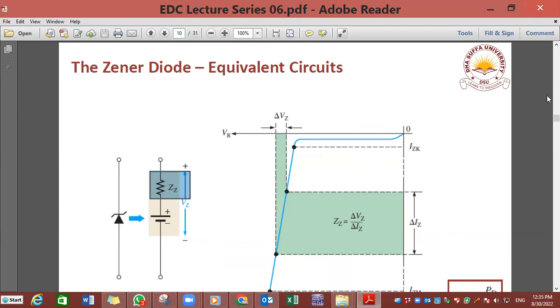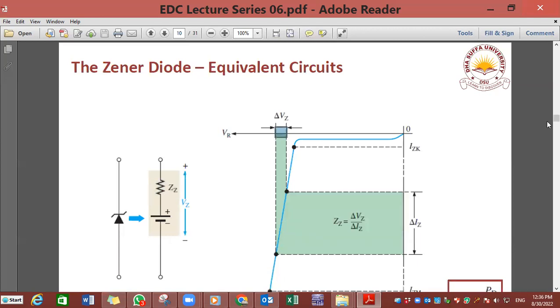Due to this resistance, what will happen with increasing current? On the y-axis, the current is increasing in this direction. When you increase the current, the voltage will also increase from this point to this point.